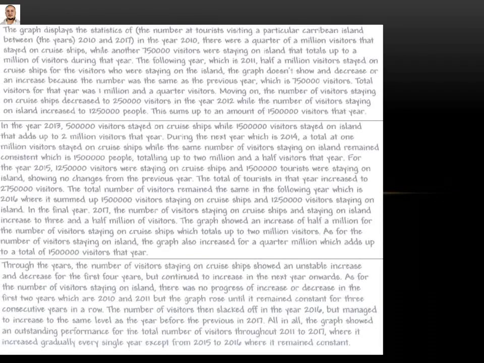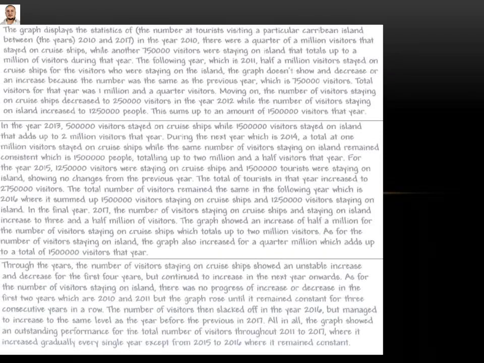During the next year, which is 2014, a total of 1 million visitors stayed on cruise ships, while the number of visitors staying on island remained consistent, which is 1,500,000 people, totaling up to 2.5 million visitors that year.